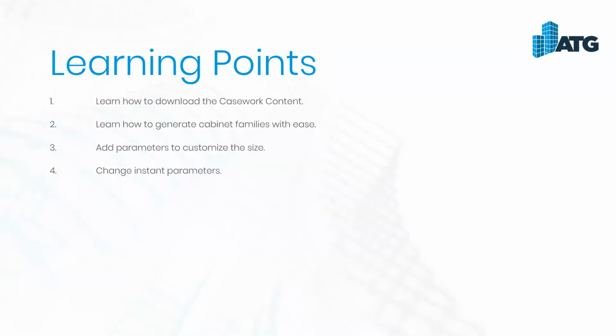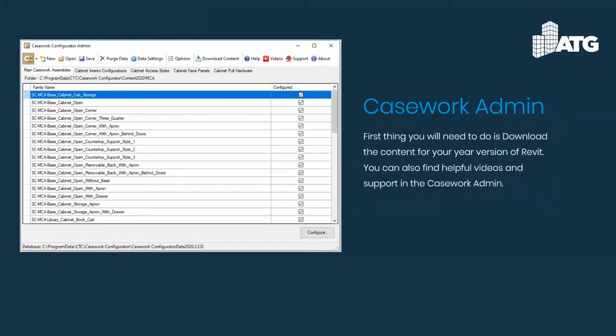Today we'll learn how to download the casework content for your year model Revit, how to generate your cabinet families, how to add parameters and change instance parameters. First, when we get into Revit, we'll go into the casework admin and I'll show you how to install your content.